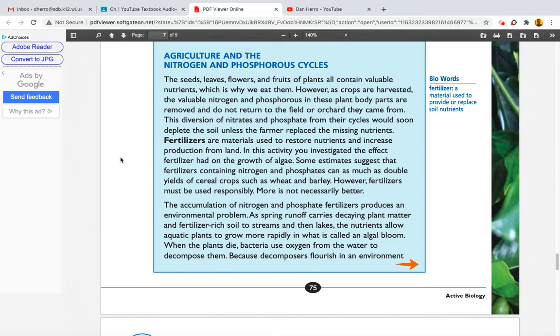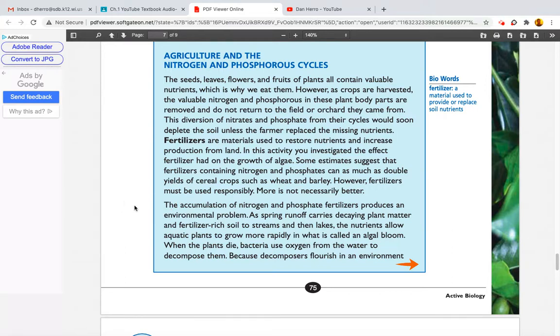In this activity, you investigated the effect fertilizer had on the growth of algae. Some estimates suggest that fertilizers containing nitrogen and phosphates can as much as double yields of cereal crops such as wheat and barley. However, fertilizers must be used responsibly. More is not necessarily better.